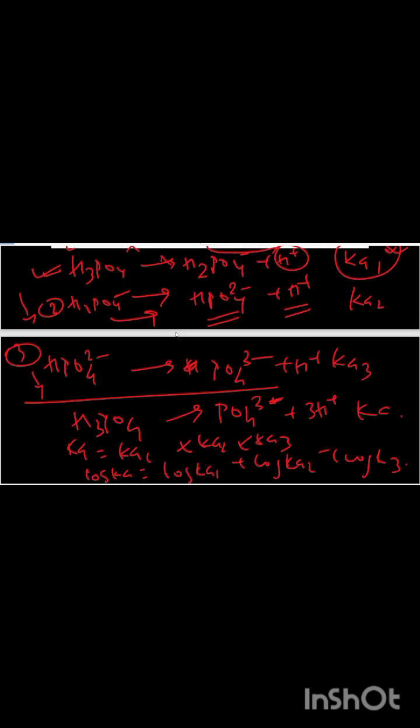If H3PO4 is a stronger acid, the Ka1 value would be higher. Suppose it has Ka1 of 10 to the power minus 4, then Ka2 would be minus 6 and Ka3 minus 8, meaning it would be definitely less. It's the same thing, written in a statement in B and in notation in C. So A, B, C is correct and option 4 is correct.